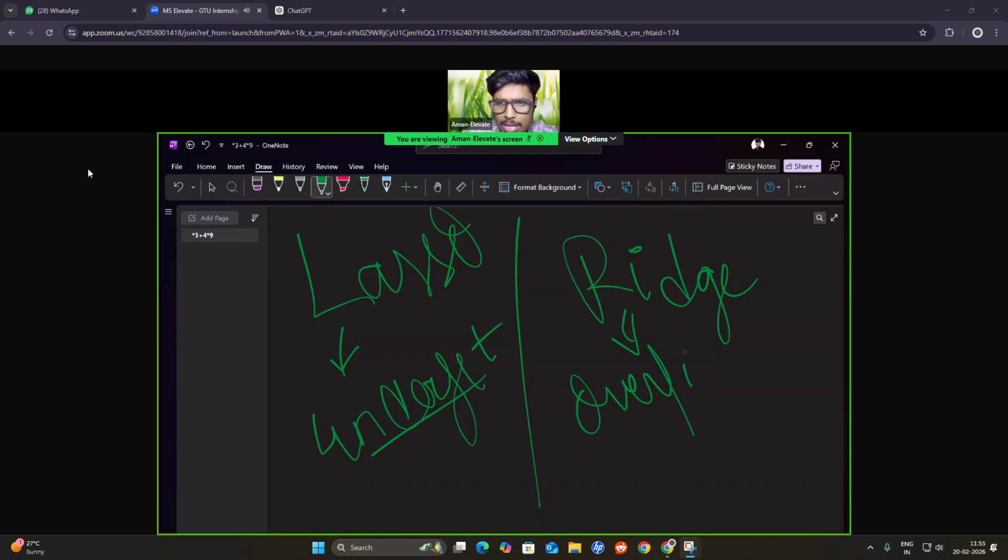But now you will ask, sir, why do we need to make our model underfit or overfit? We don't want either, right? We don't want either underfit or overfit.